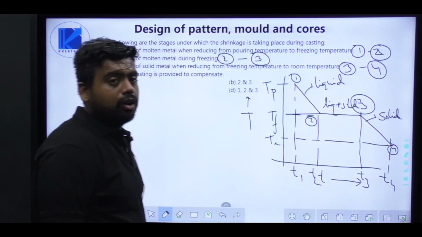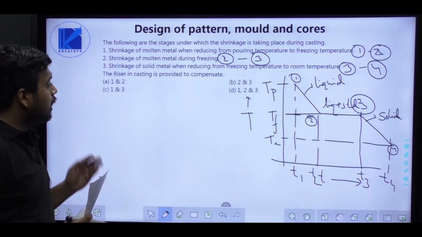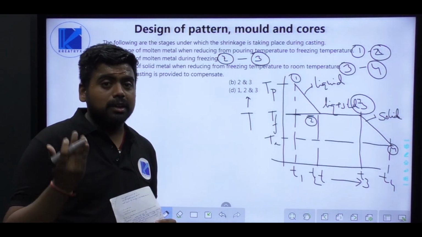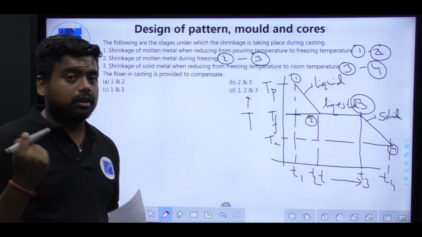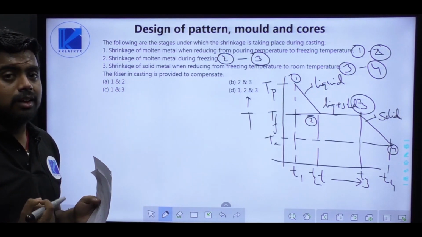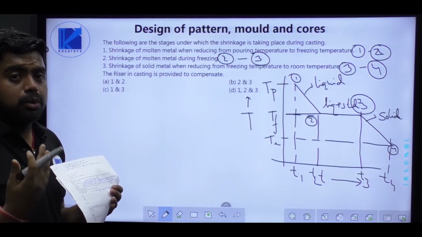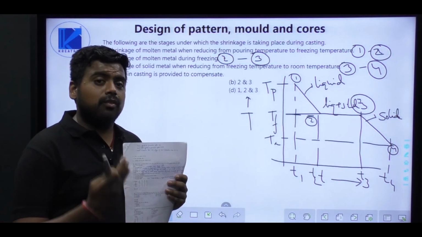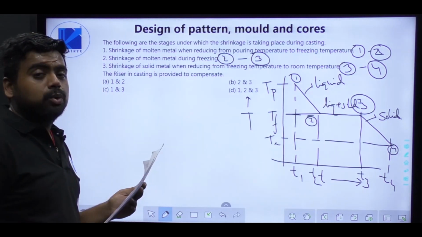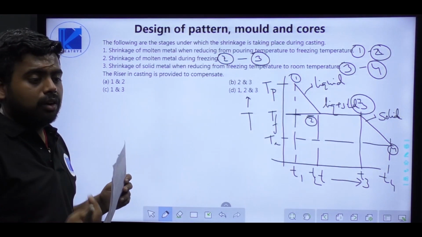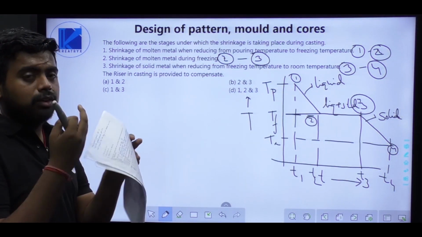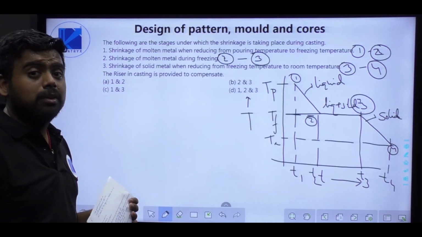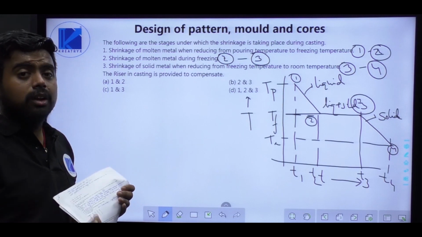So now what the question is saying: the riser in casting is provided to compensate. If you remember the previous question, I drew a diagram in which I was saying that the riser was used to compensate for the shrinkage in casting, and the molten metal flows from the riser to the casting. In order for the metal to flow from riser to the casting, the metal must be in molten state or liquid state.